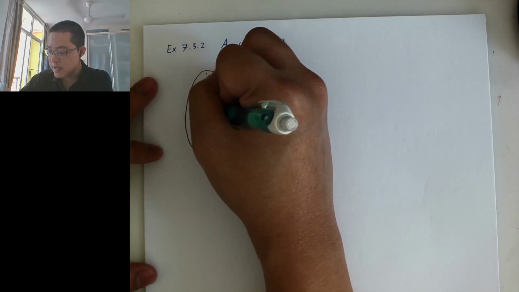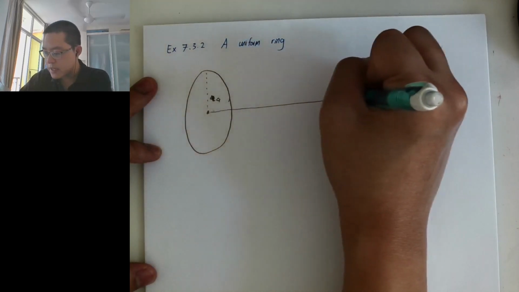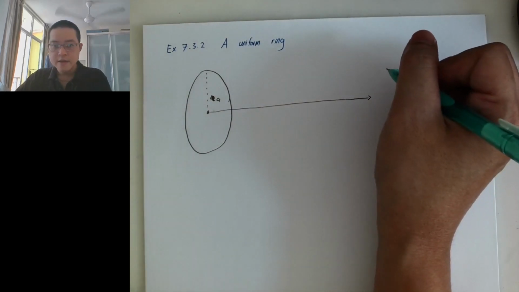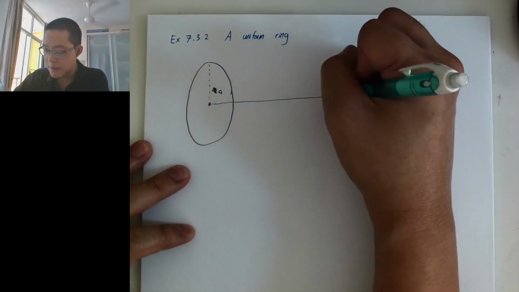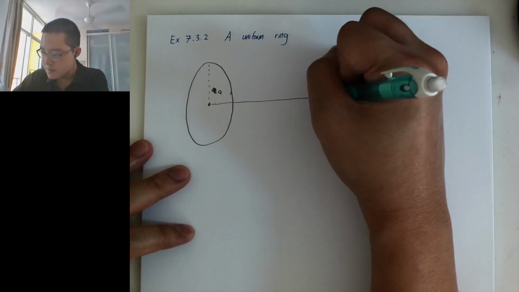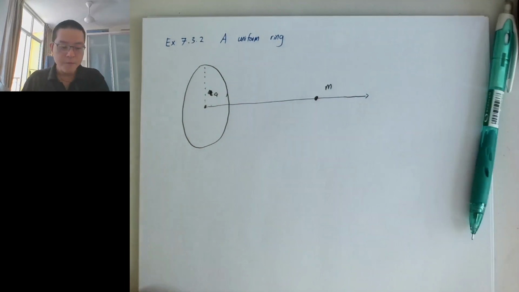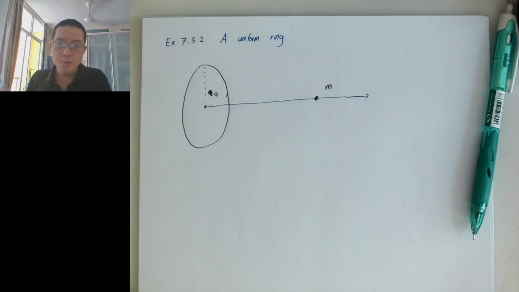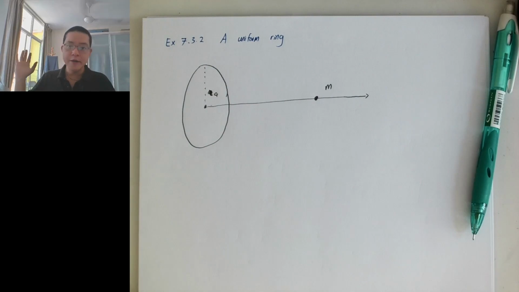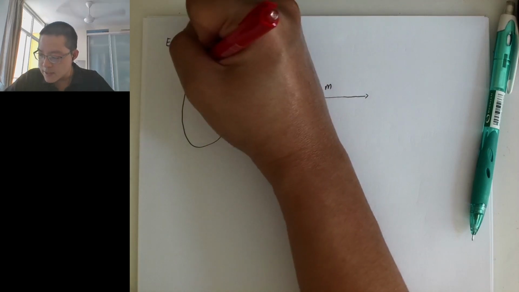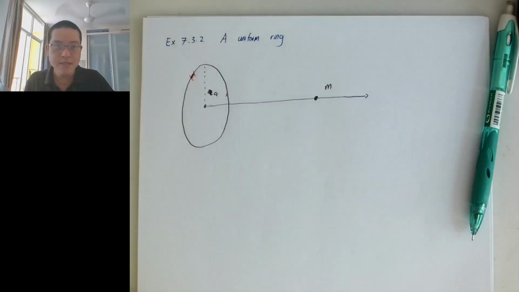So this is a line through the ring center perpendicular to the axis of the ring, like this. And then my point mass m is over here. We want to calculate the potential energy of the system. This is a uniform ring, an extended body, so we do our usual thing and look at one section.